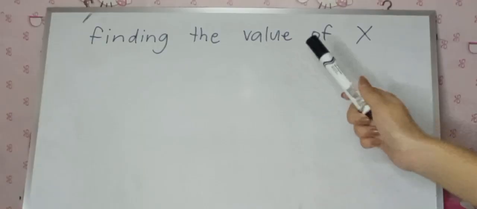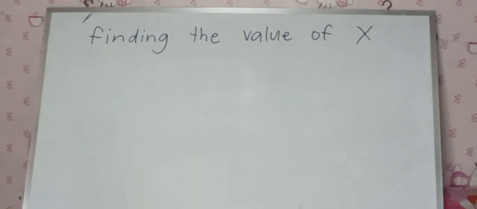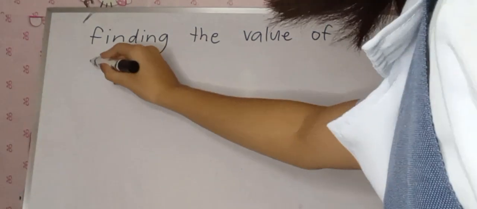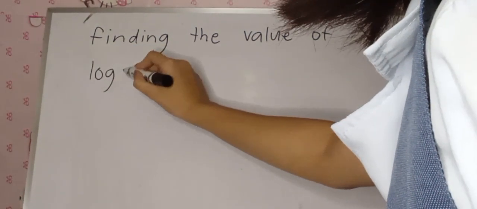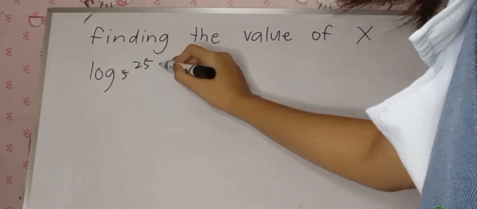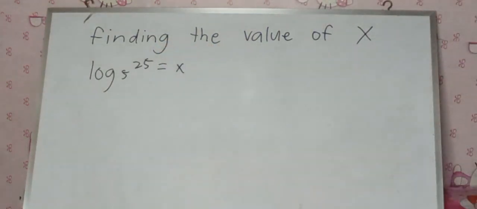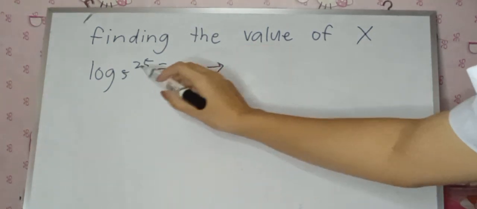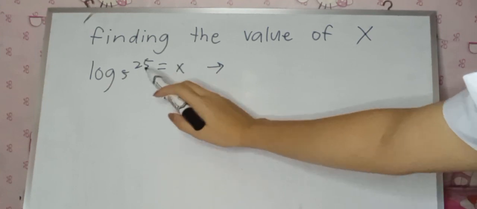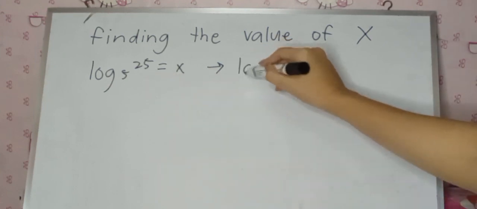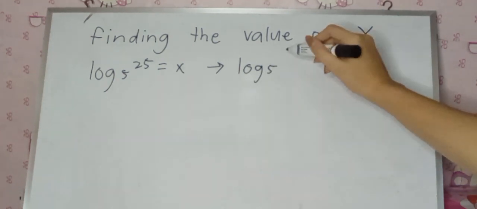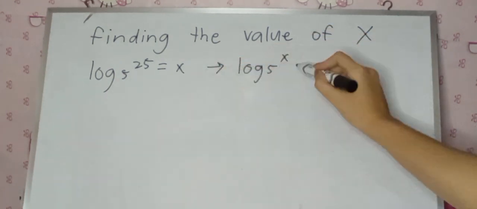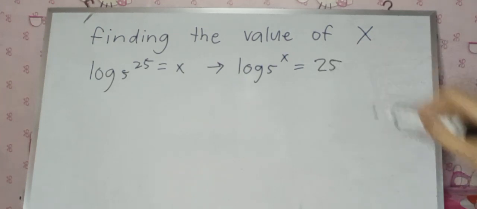And now, dito naman tayo sa finding the value of x. So first, I'll give you an example. Log base 5 of 25 is equals to x. So, ang gagawin lang natin dyan is pagbabalik-tarin itong x and 25, magiging 5 raised to x is equals to 25.